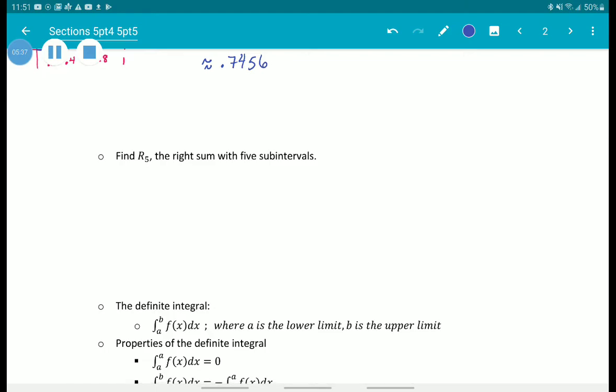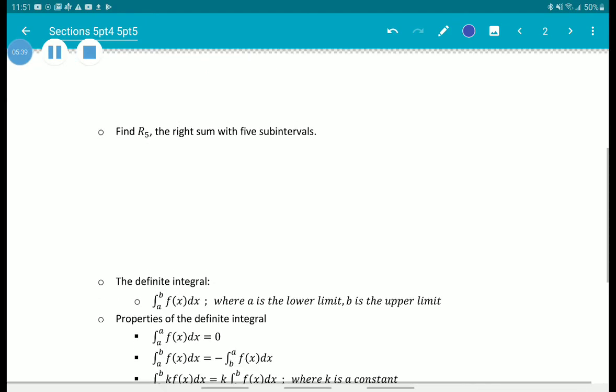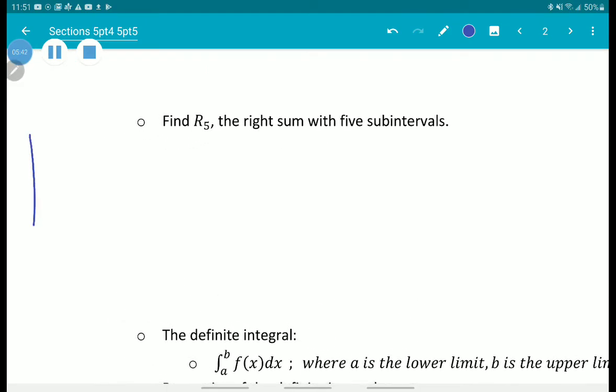So let's find the right sum. Our approach is going to be the same. I'm going to draw my picture, going from 0 to 1. The x-axis is still going to increment by 1/5 or 0.2.